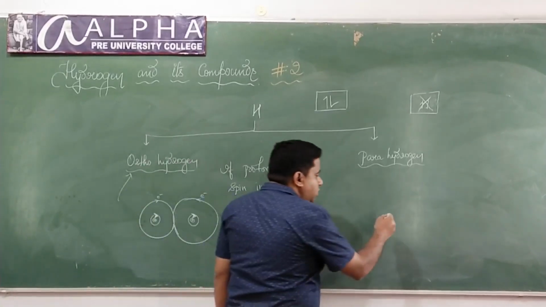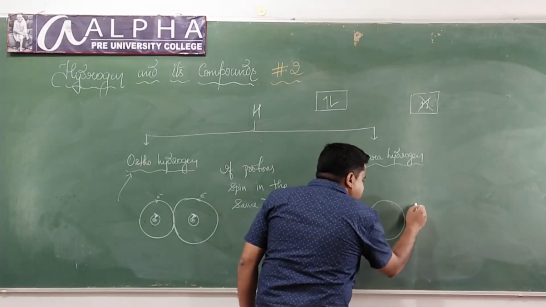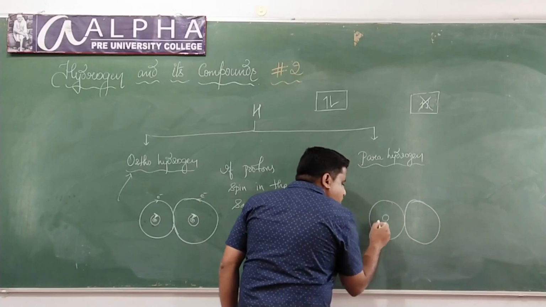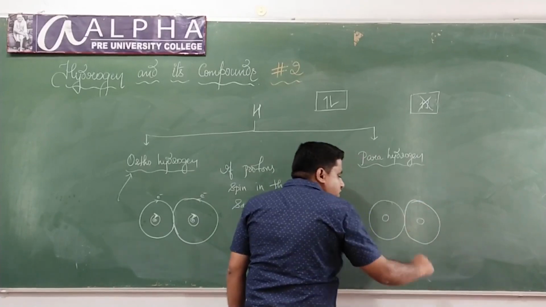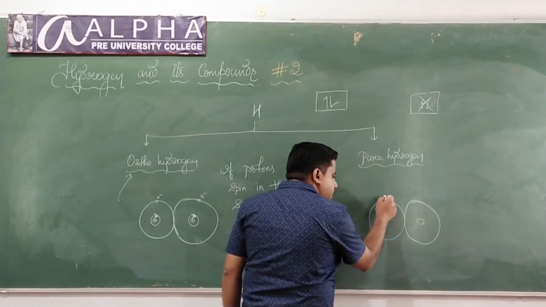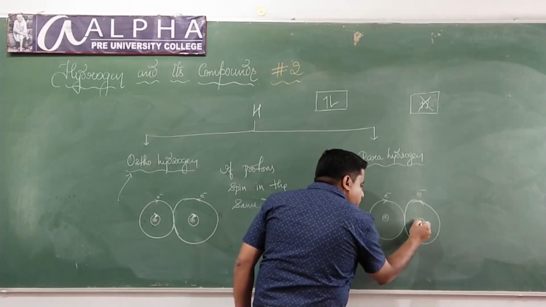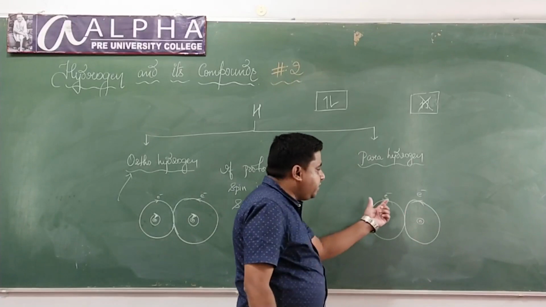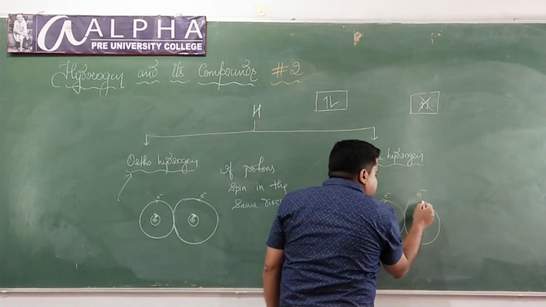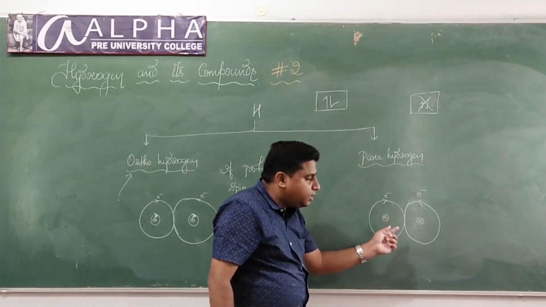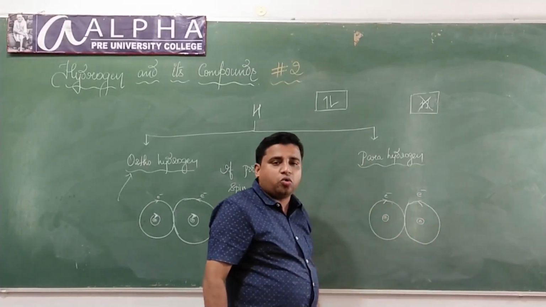Now consider two hydrogen atoms in a hydrogen molecule. This is the nucleus of one hydrogen atom, this is the nucleus of another, with one electron and one proton each. The two electrons are spinning in opposite directions, one clockwise and the other anti-clockwise.